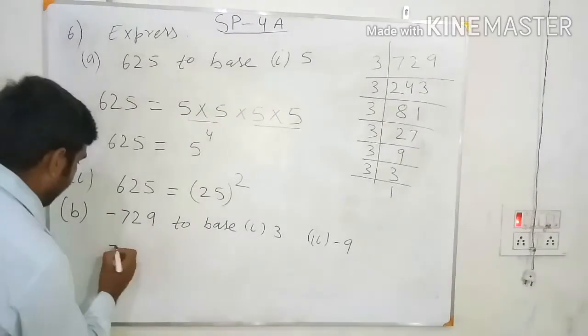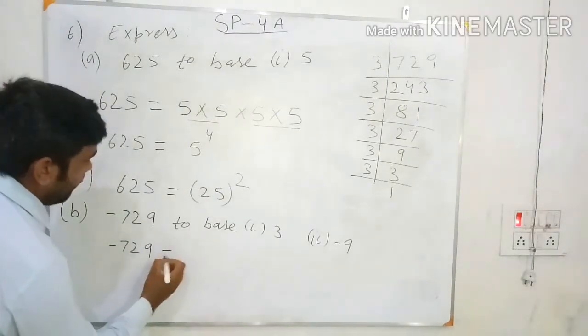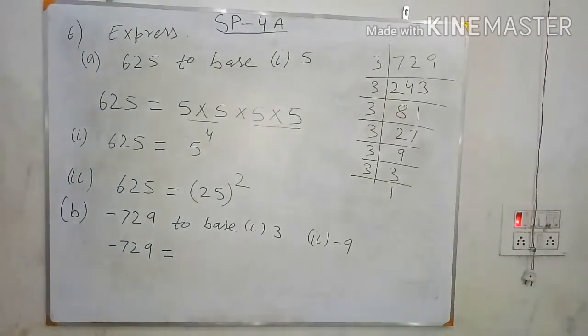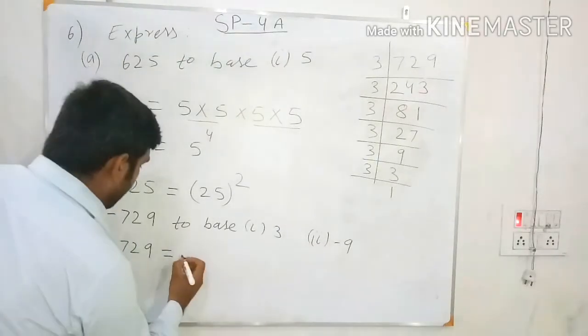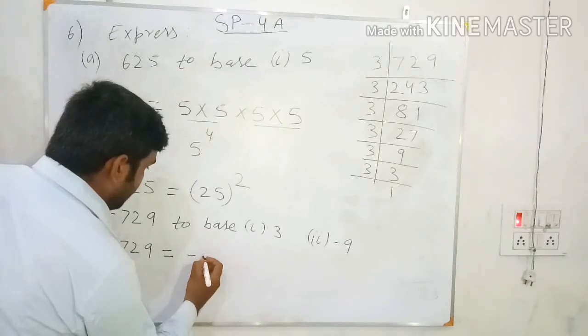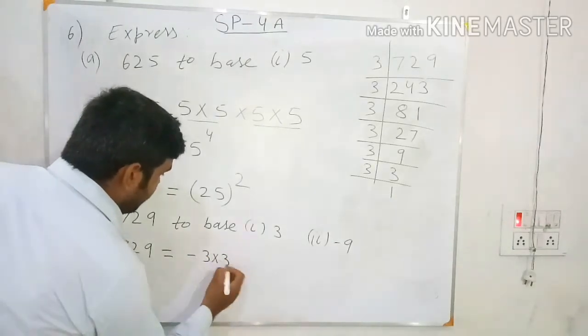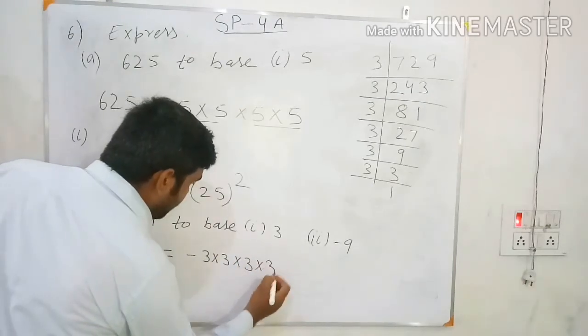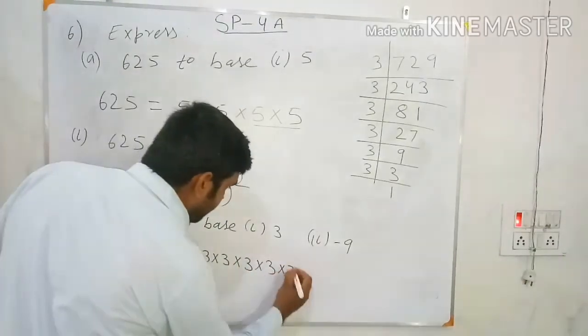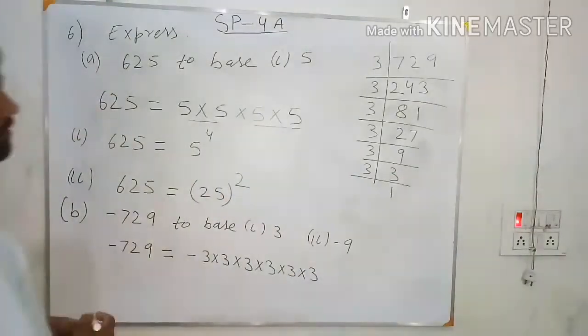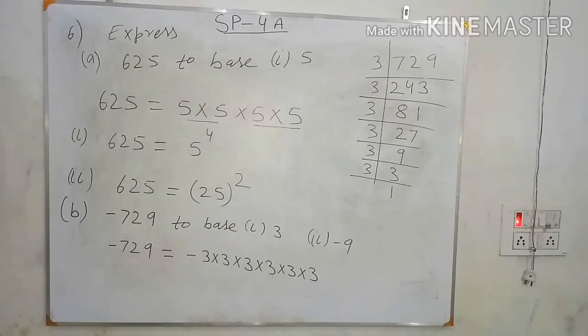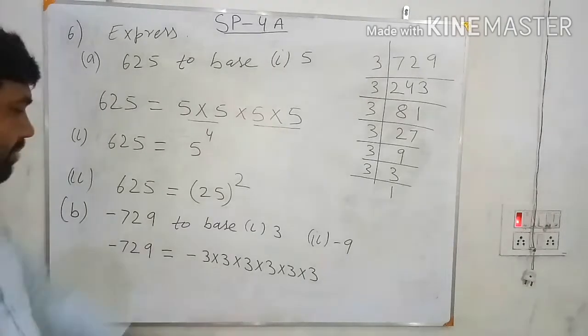So minus 729 equals, you can express it with base 3 as minus 3 multiply 3 multiply 3 multiply 3 multiply 3 multiply 3.